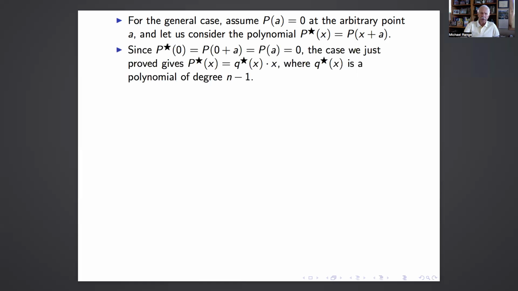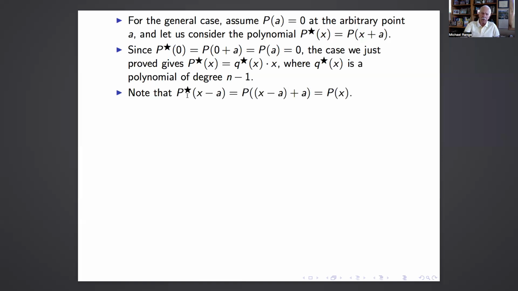When you take p star at 0, that is p at 0 plus a, so that's just p at the point a, which is 0 by the assumption. So the case we just proved gives us that p star at x is equal to a polynomial of degree n minus 1, let us call it q star at x, times x.